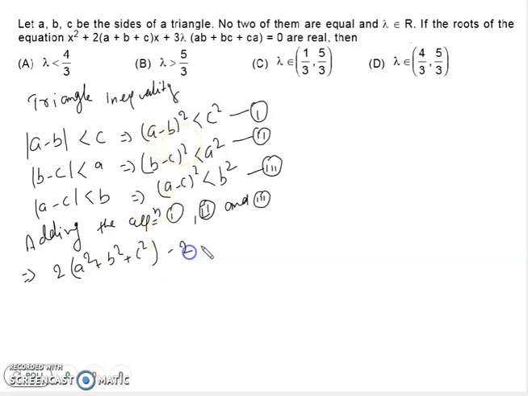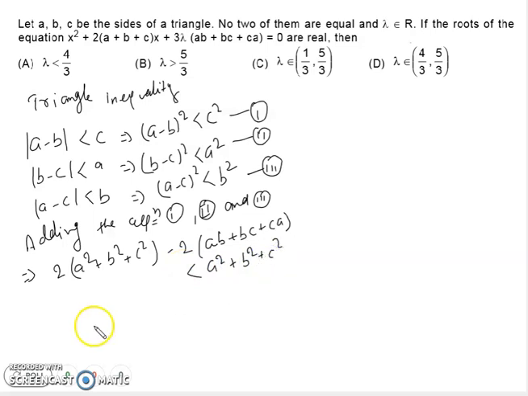After taking the common factor minus 2, we can write the sum ab plus bc plus ca is less than a square plus b square plus c square, guys, right?